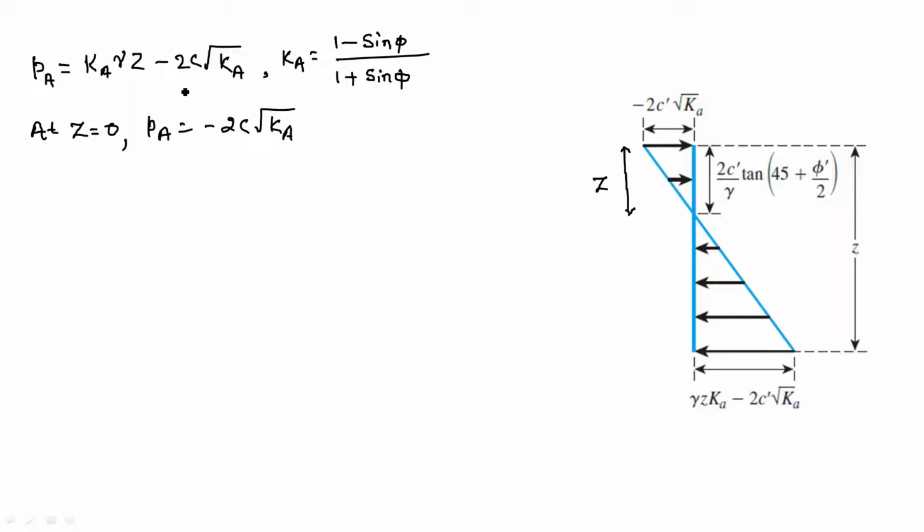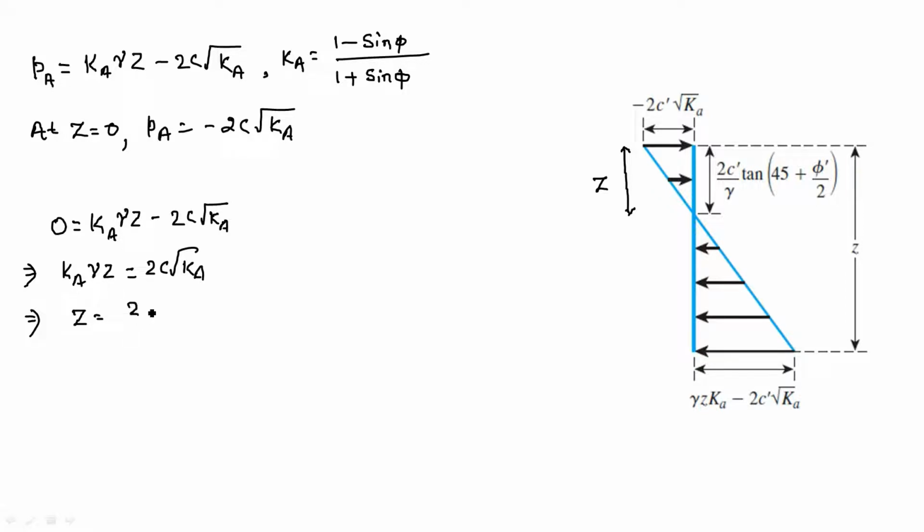So it will be Ka gamma z minus 2c root over K equal to 0, so Ka gamma z is equal to 2c root over K. If we write z, this K and this K will be cancelled out, and it will be written as 2c by gamma root over K.